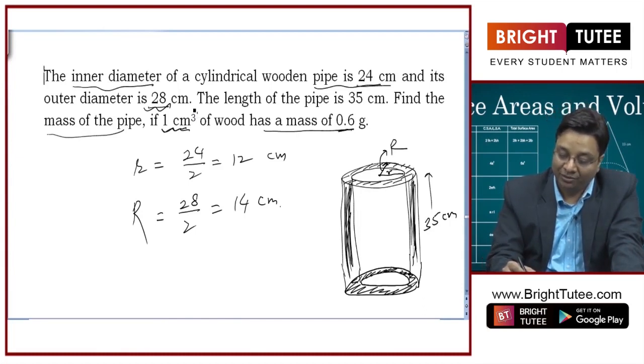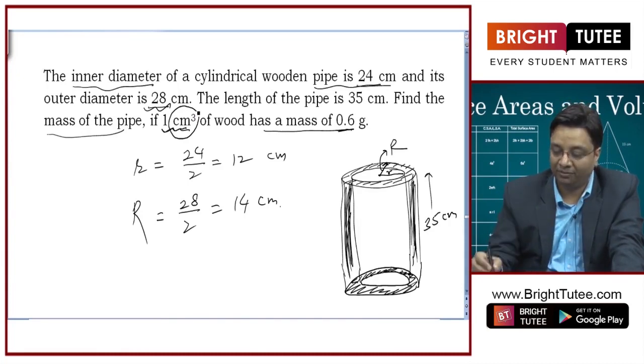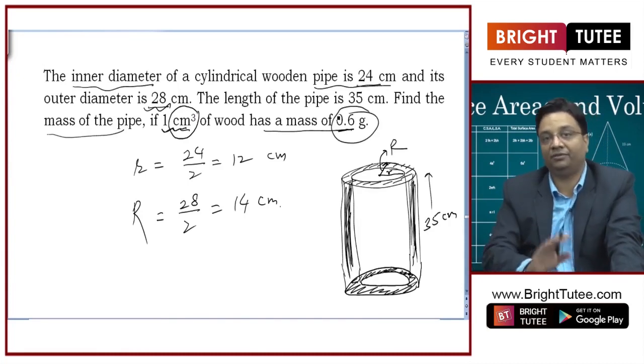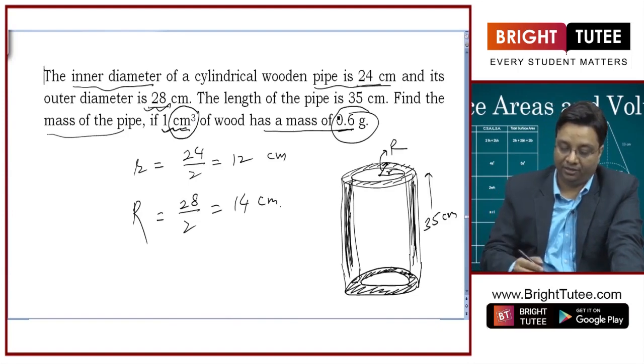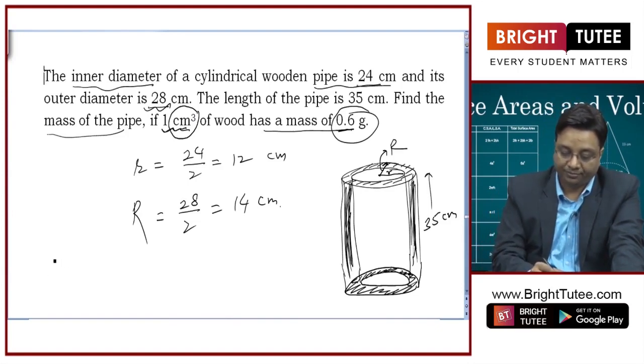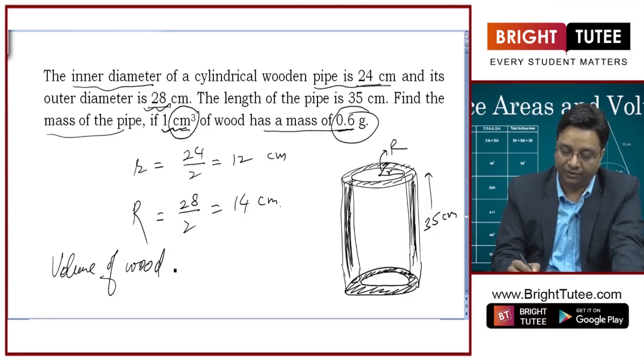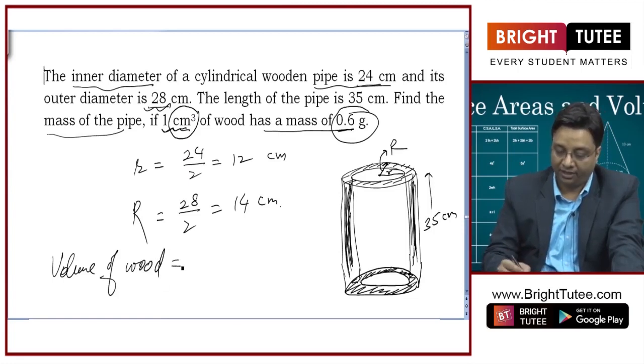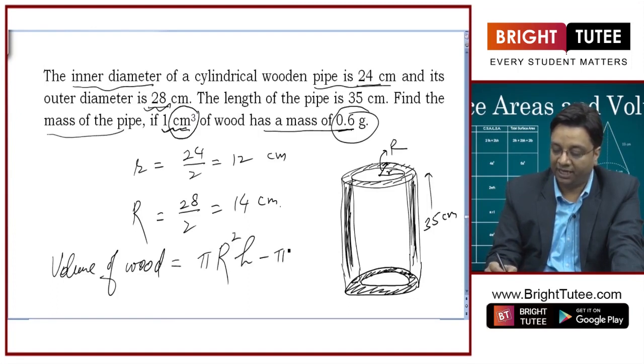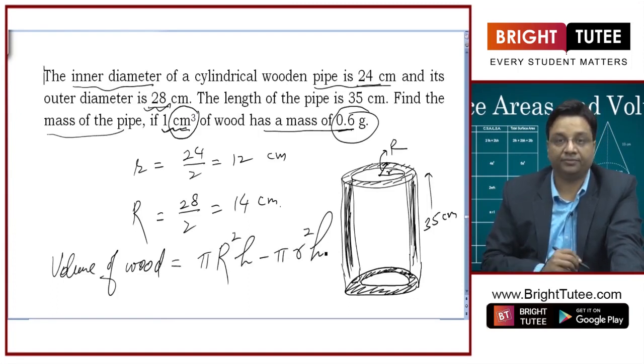So if we calculate the volume in centimeter cubes, we will just multiply it with 0.6 and we will obtain our answer. Okay. So volume of wood will be pi capital R square H minus pi small r square H, right.